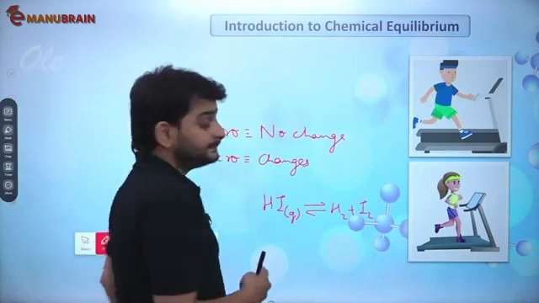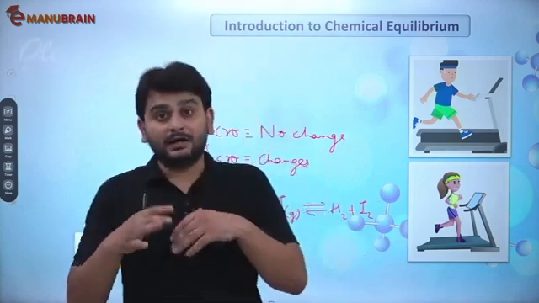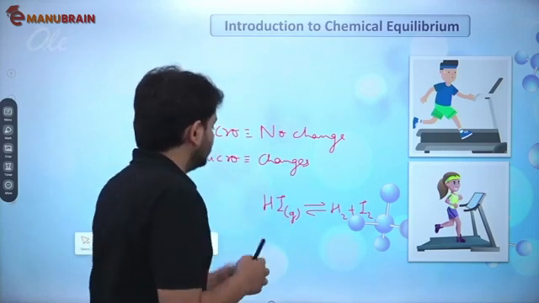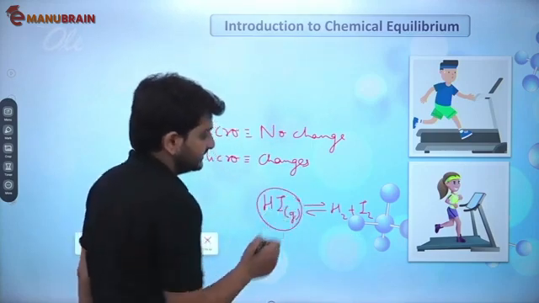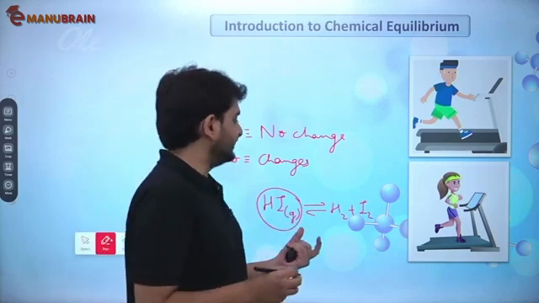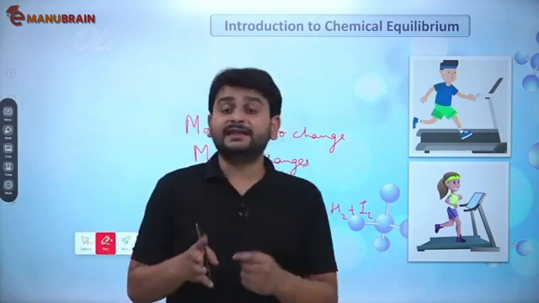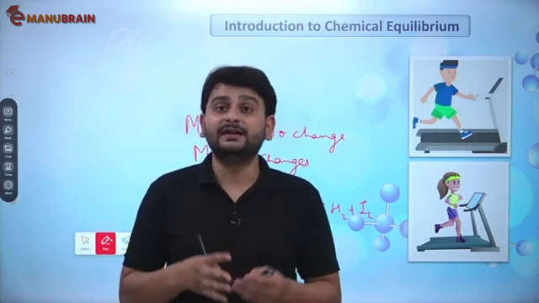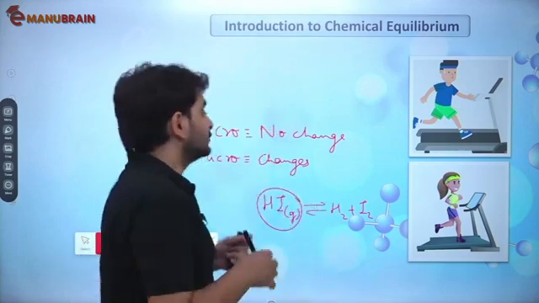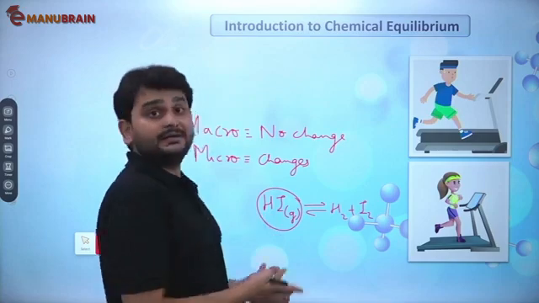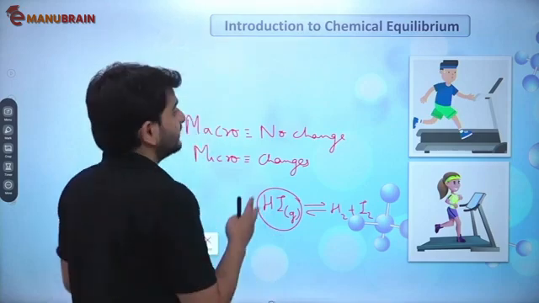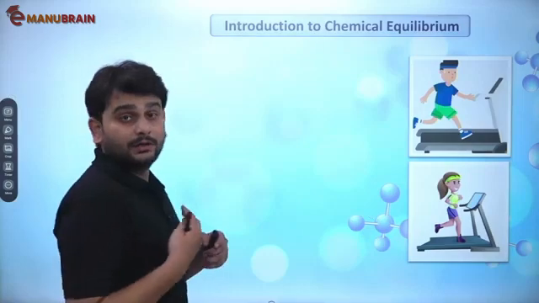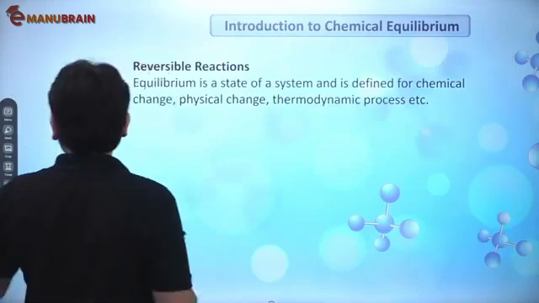But after some time, you'll see that although the reactant is not completely finished, the intensity of the violet vapors has not increased. It has become stable. So you are running, but nothing is happening. That is a great analogy for a chemical equilibrium process.